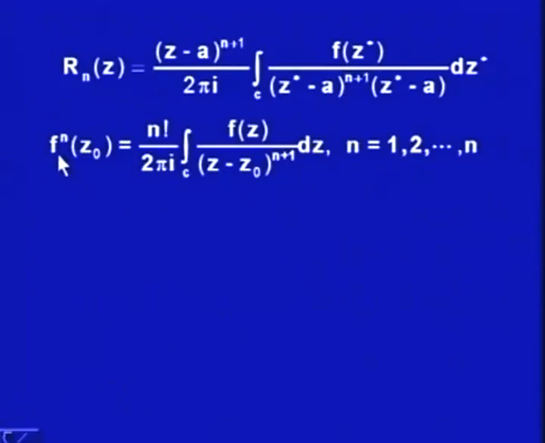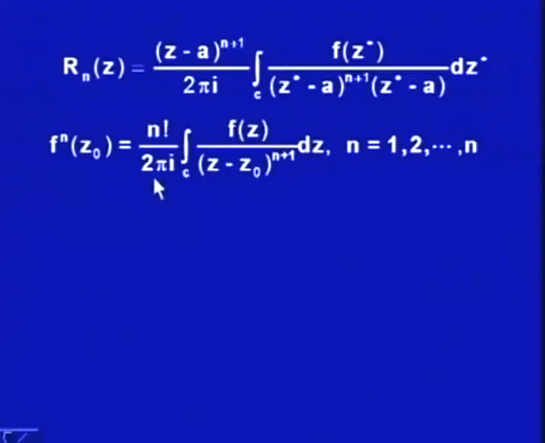And we know from our formulae for derivatives, f^(n)(z0) is equal to factorial n over 2 pi i, integral of f(z) over (z minus z0) raised to power n plus 1 dz. Now, this is a known formula for n equal to 1, 2, up to n.